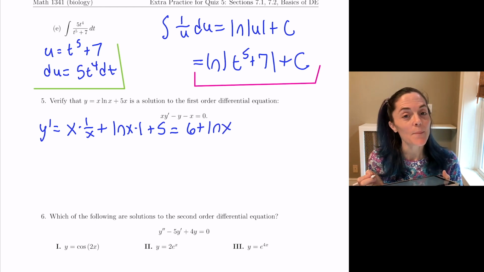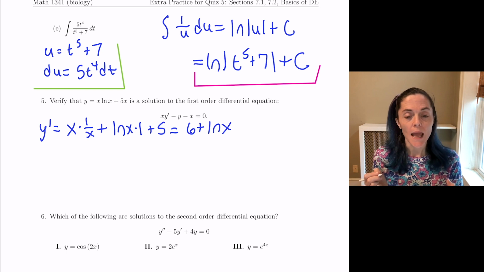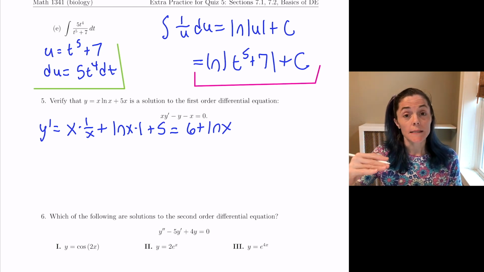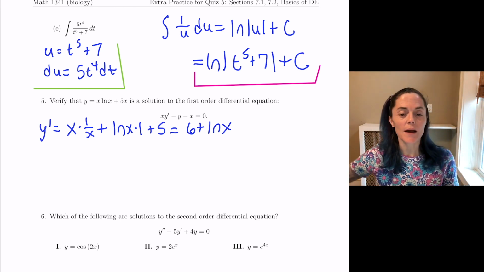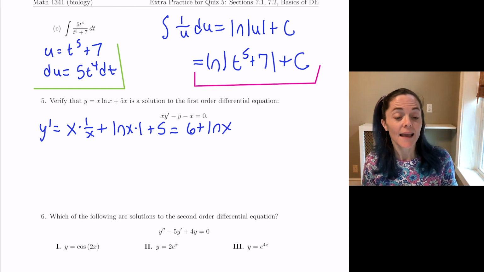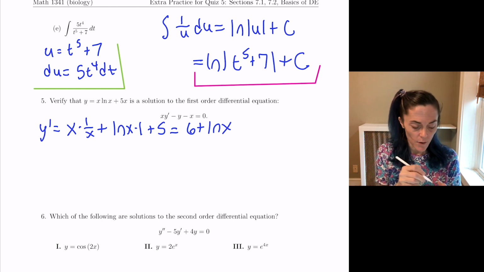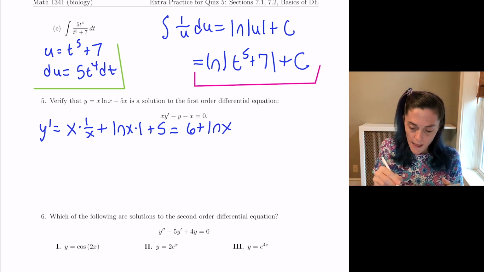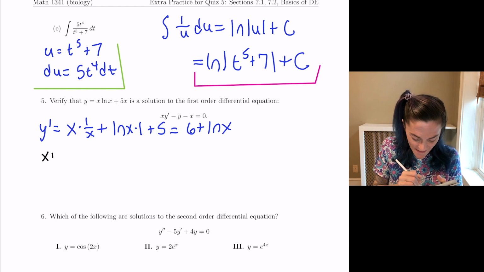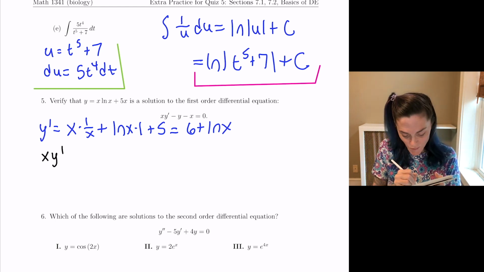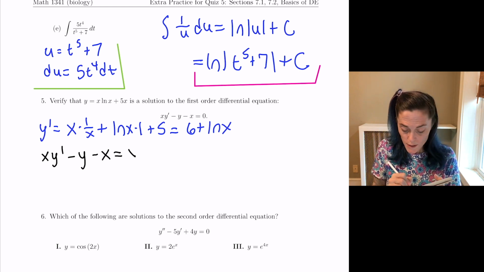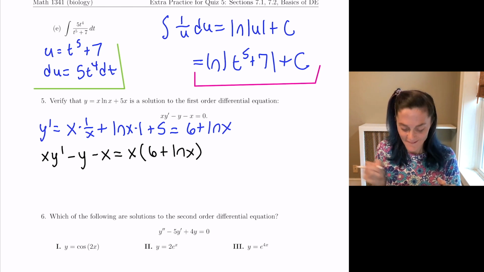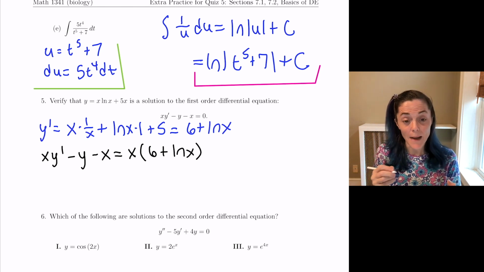Now I'm ready to jump into my differential equation. The way we want to do things is start with the left-hand side, do some algebra until we get the right-hand side. In this case, the right-hand side is 0. Here we go. xy prime minus y minus x equals, well, here's x times y prime, then minus y.